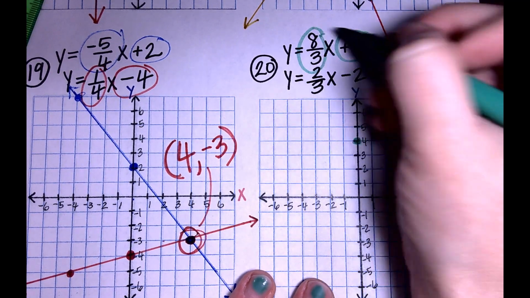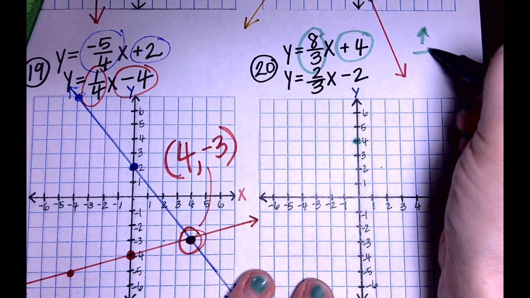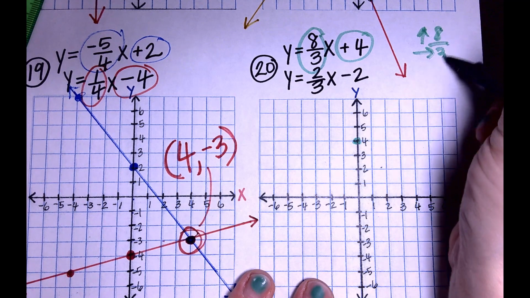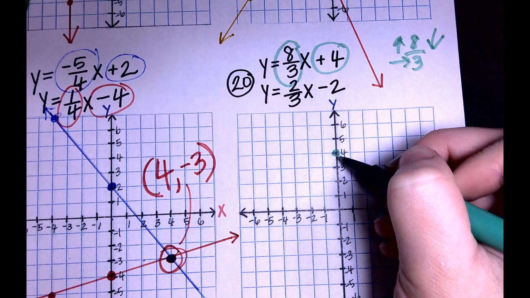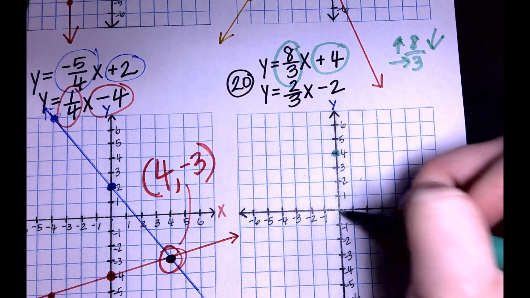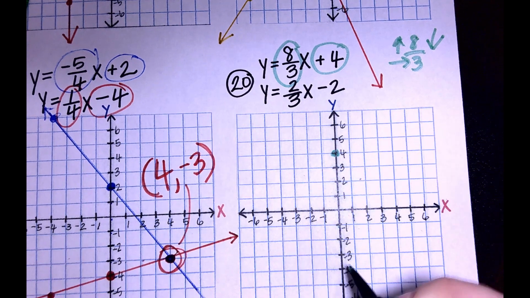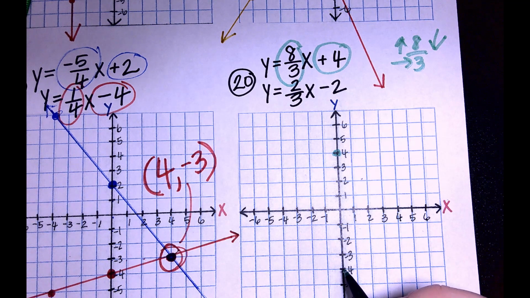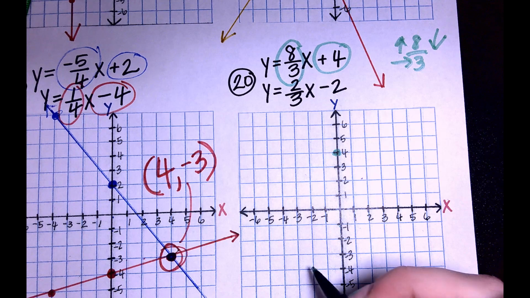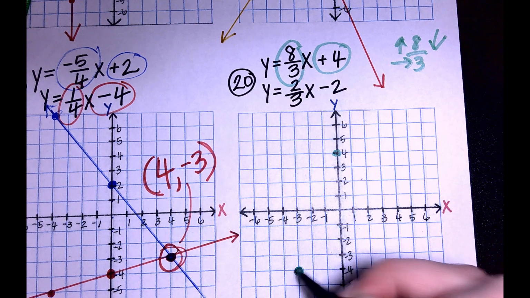Yes, so instead of going up 8 over 3 to the right, we're going to go down 8. 1, 2, 3, 4, 5, 6, 7, 8. And what direction do I need to move 3? To the left. If I switch one, I switch both. So 1, 2, 3, right there.